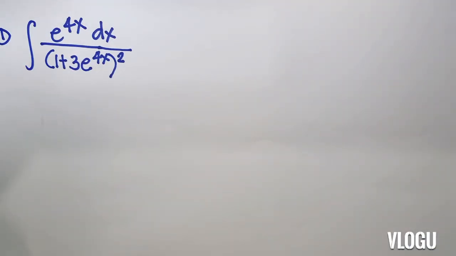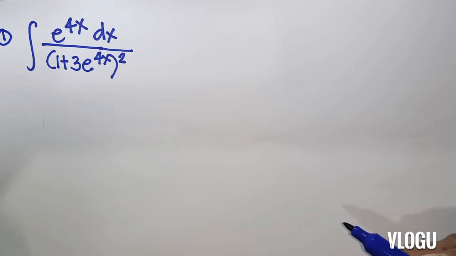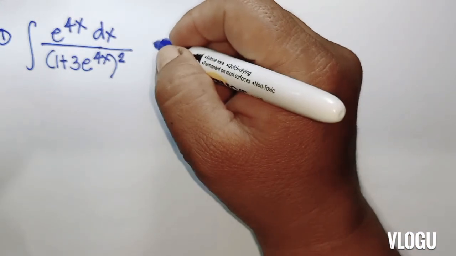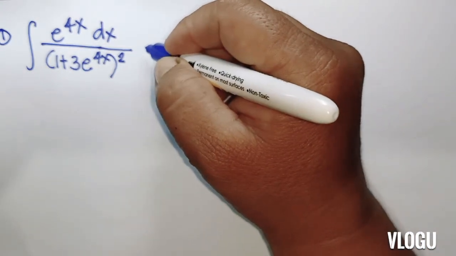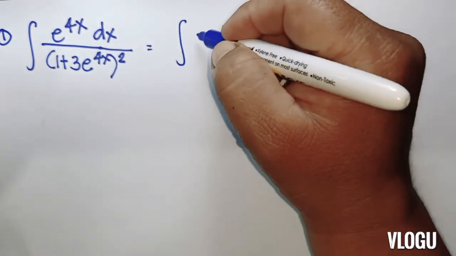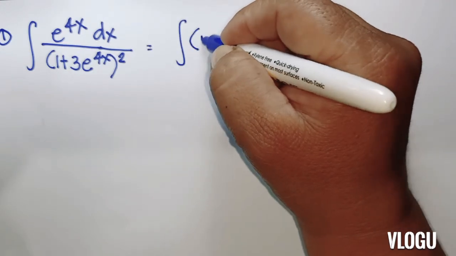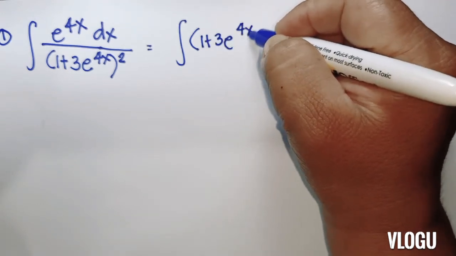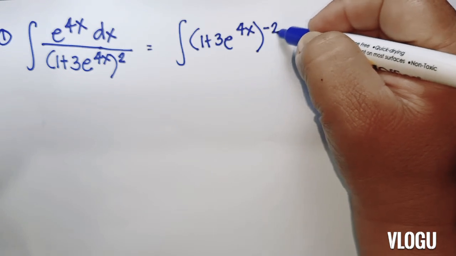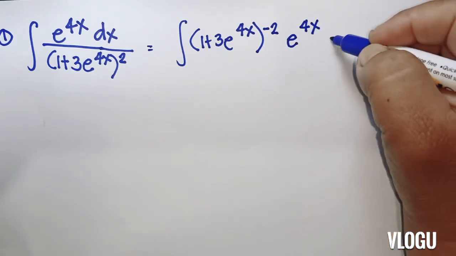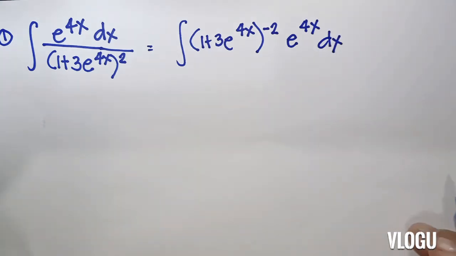So our first example is the integral of e to the 4x dx over (1 plus 3e to the 4x) squared. The first step is to bring up the denominator: (1 plus 3e to the 4x) to the negative 2, e to the 4x dx.